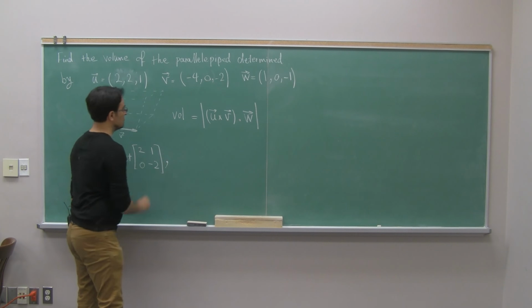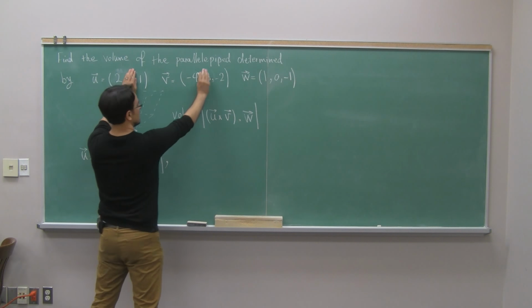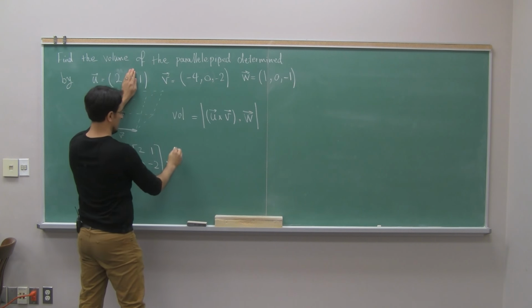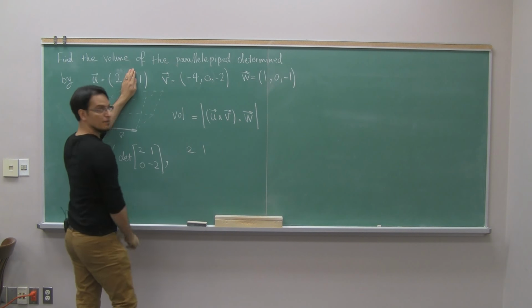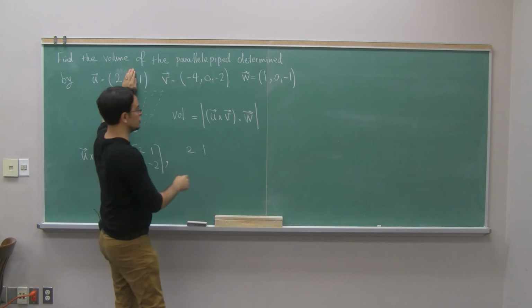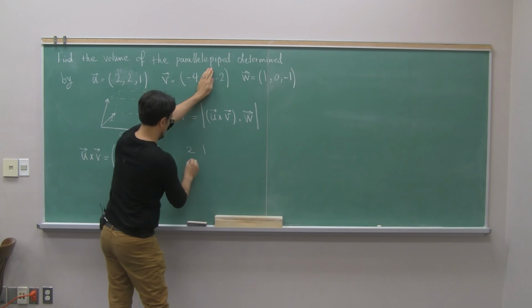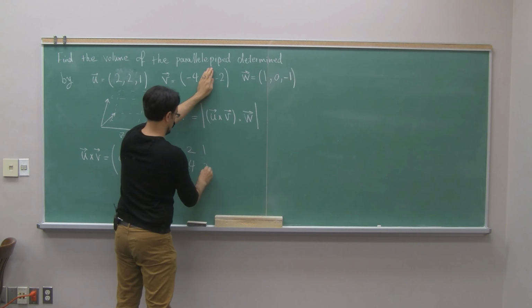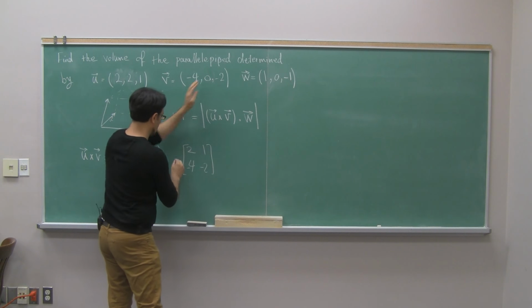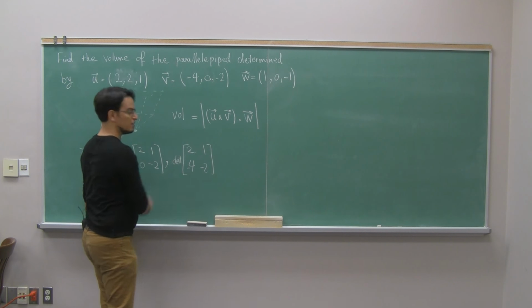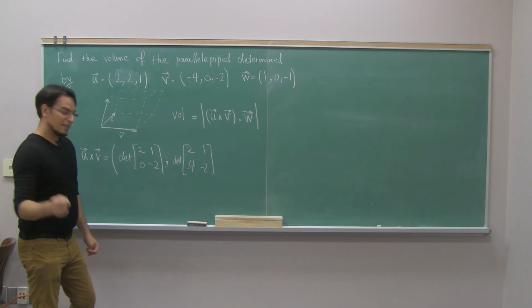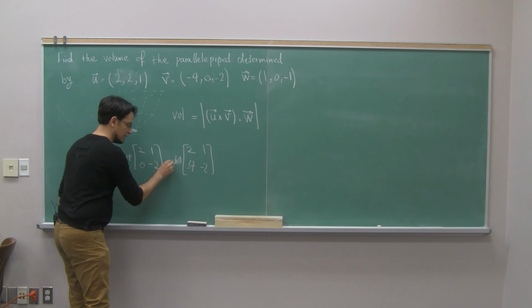For the second component, you cover the second components, put the remaining ones in the first row and the second row of a matrix, find its determinant, then multiply by a negative sign.